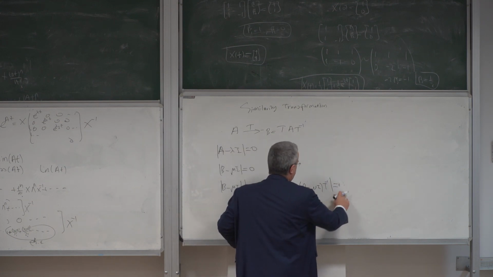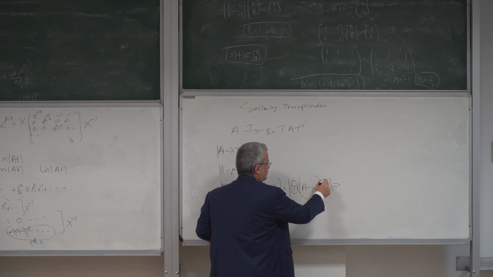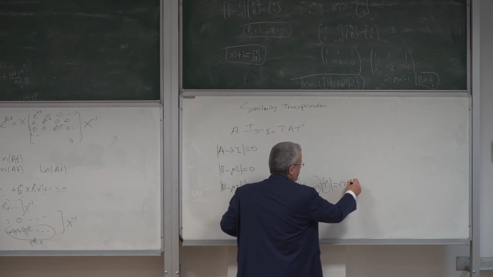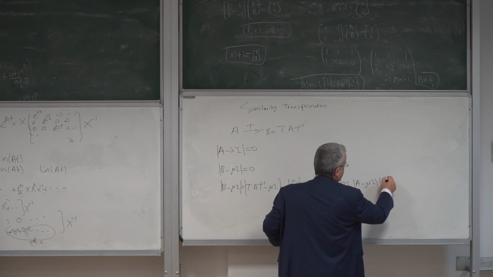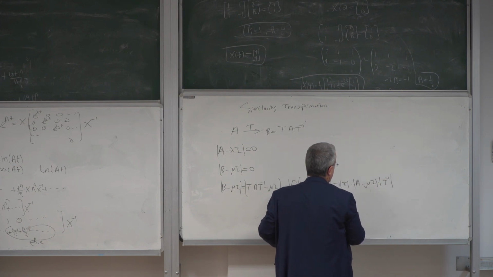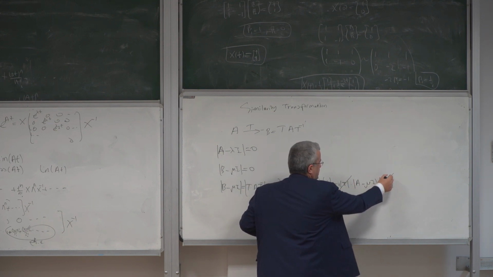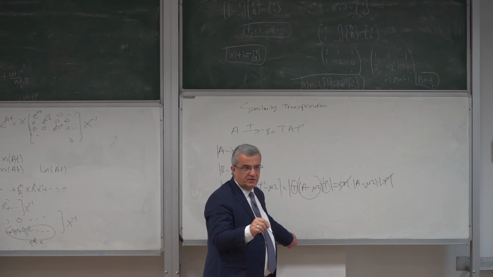So what is this equal to? You have three matrices here, right? 1, 2, and 3. So what is the determinant of this? Determinant of T times determinant of A minus mu I times determinant of T inverse. Okay? What happens? These two cancel, right? Determinant of T inverse is 1 over the determinant of T.